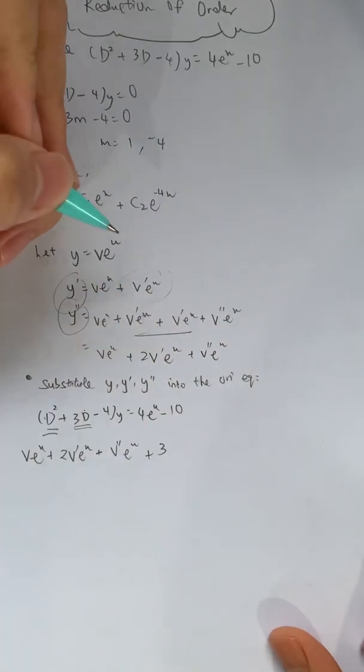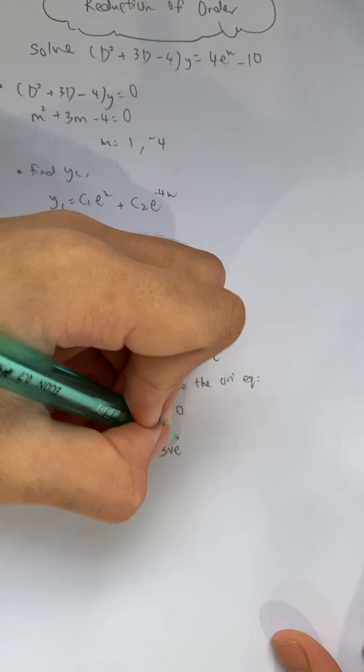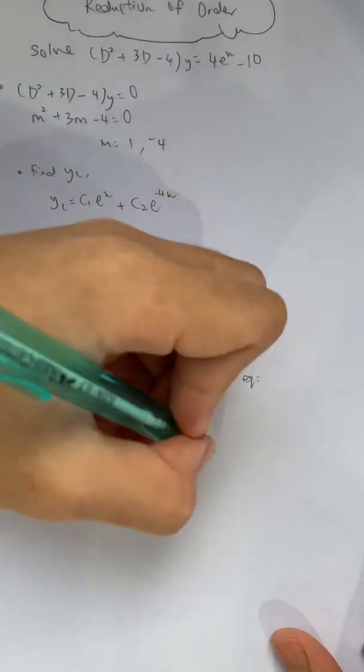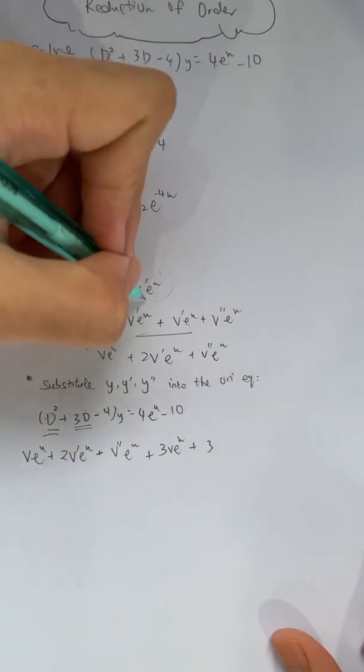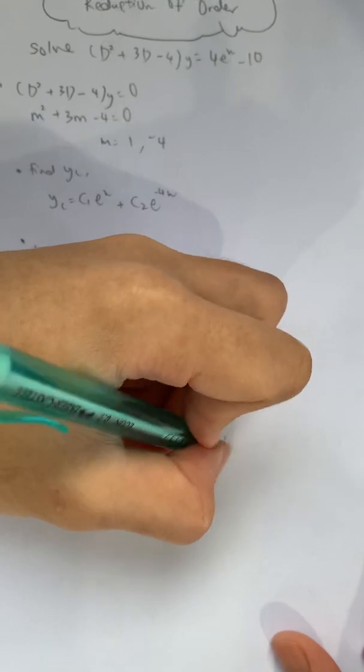So 3 times y prime, 3ve^x plus 3v prime e^x.